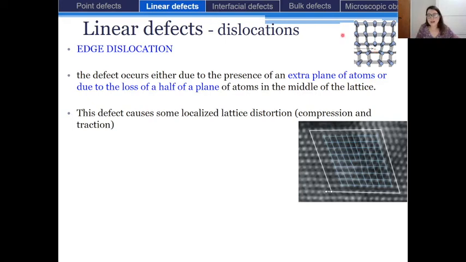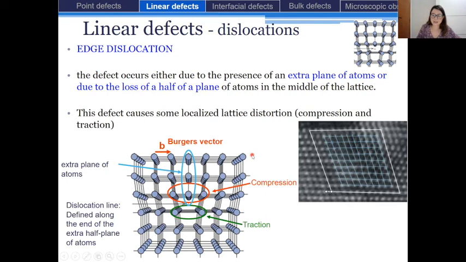And this kind of edge dislocation causes some localized lattice distortion. As you see in this representation, we have this extra half plane of atoms, and the atoms that are close to this extra plane seem to be squeezed together, one in relation to another.